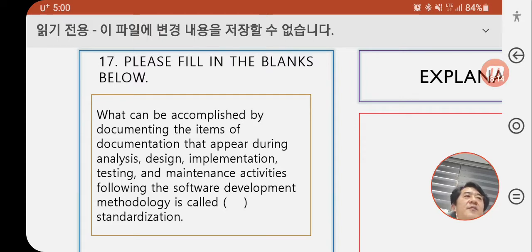Please fill in the blanks below. I will read the square box below. What can be accomplished by documenting the items of documentation that appear during analysis, design, implementation, testing, and maintenance activities? Following the software development methodology is called blank standardization.